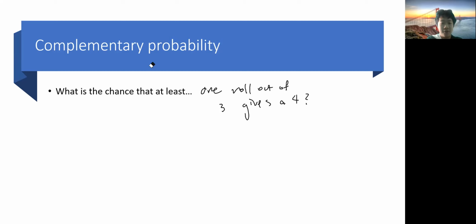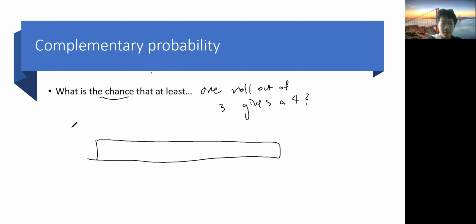This relies on the fact that if you add up all the probabilities, you'll get 1, right? So we can find the chance that 0 rolls give a 4. What's the chance that none of them is a 4? Let's say this is the chance that none of the rolls is a 4, and my total probability is 1.